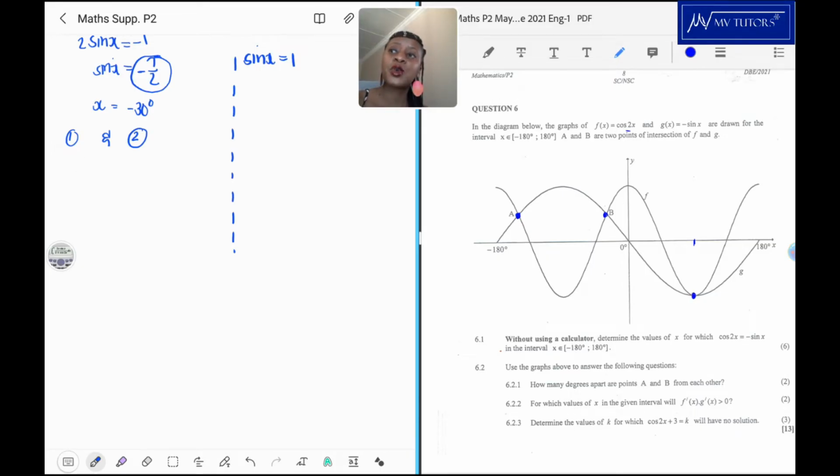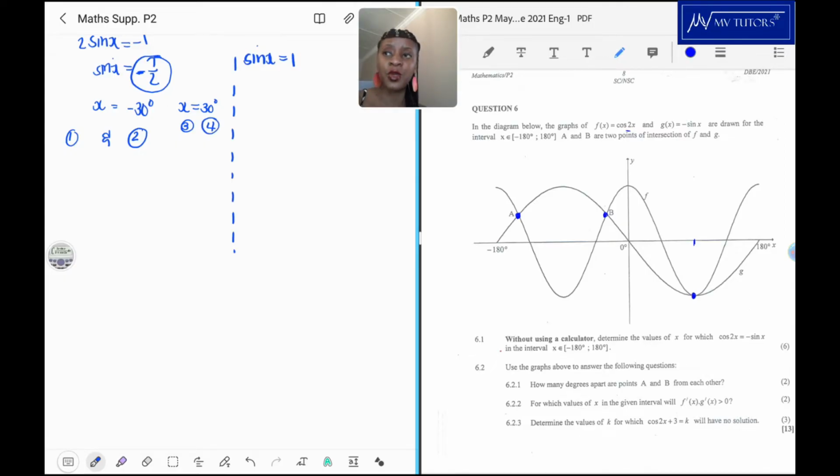If I ignored the negative there and solved that x is actually equal to 30, I would then have to say this negative means that sine is negative in the third and the fourth quadrant.